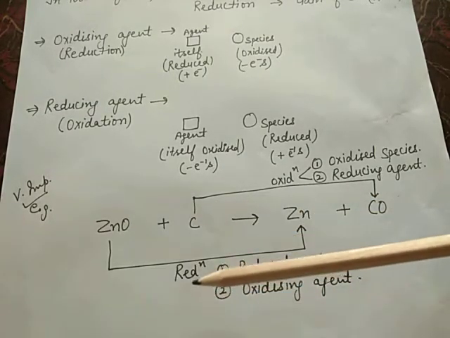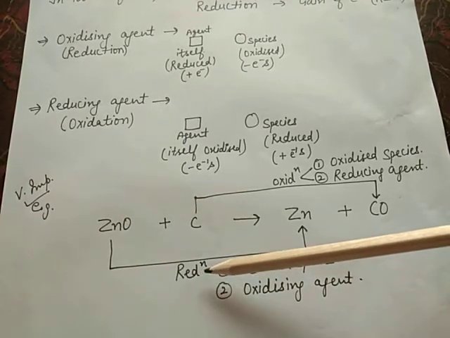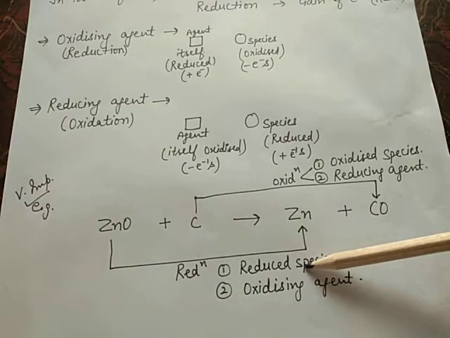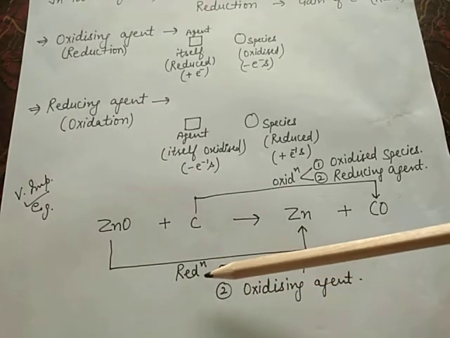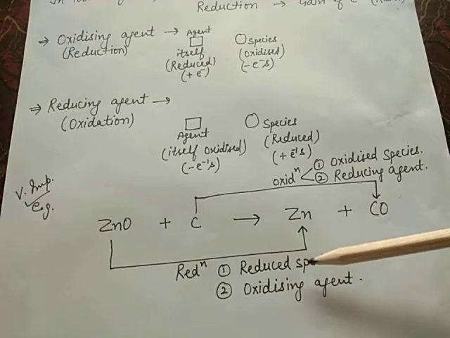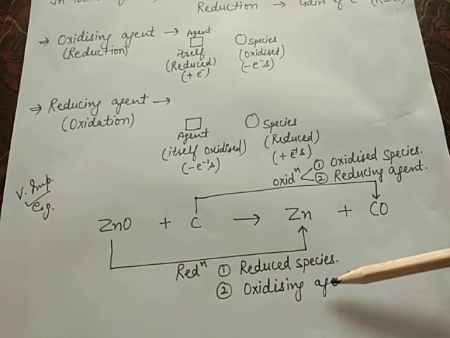Loss of oxygen means reduction. Reduction means reduced species, but oxidizing agent. Those species show reduction, then these species are oxidizing agent.